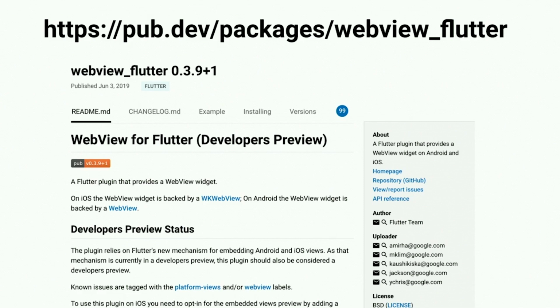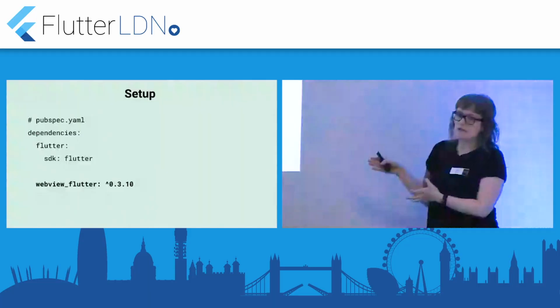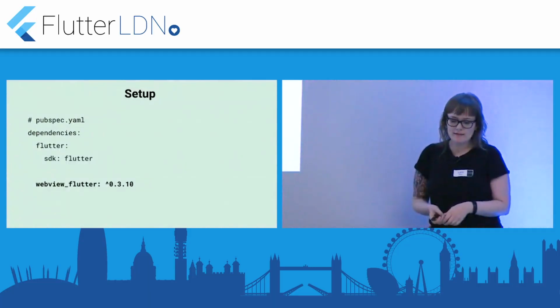This is still considered, if I'm not mistaken, a developer preview. This screenshot might be a month old, not sure, but as far as I have seen, nothing has changed. For the setup, as with any other plugin, you just declare it in your pubspec YAML file.